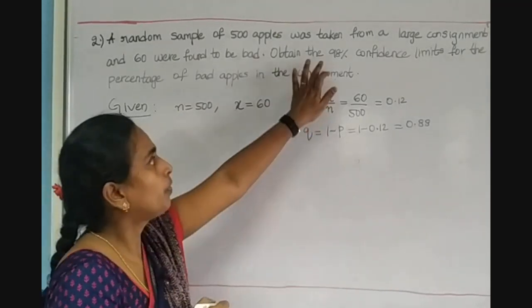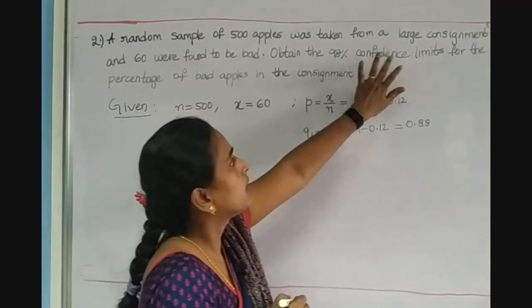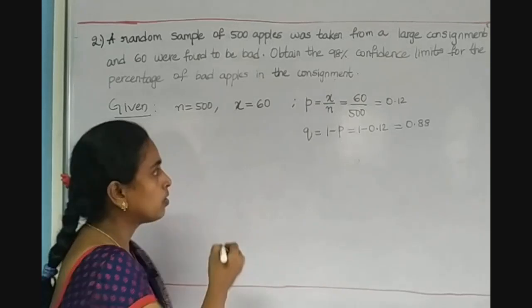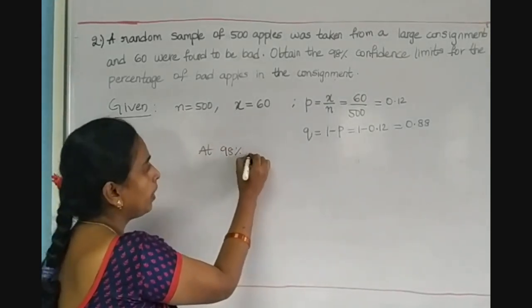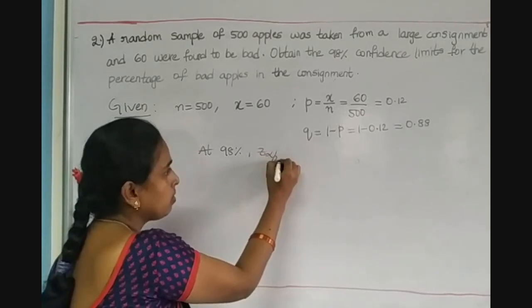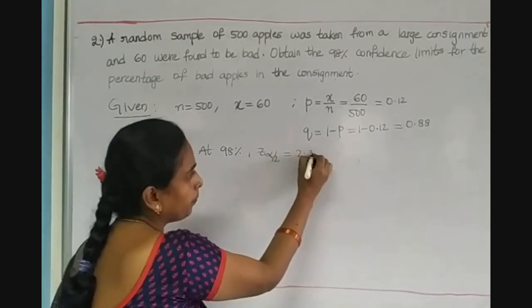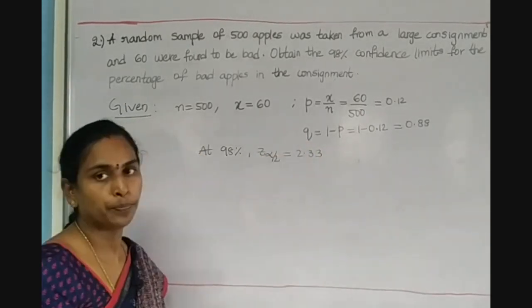And here they asked to find the confidence limits at 98%. So at 98%, the Z alpha by 2 value is 2.33.